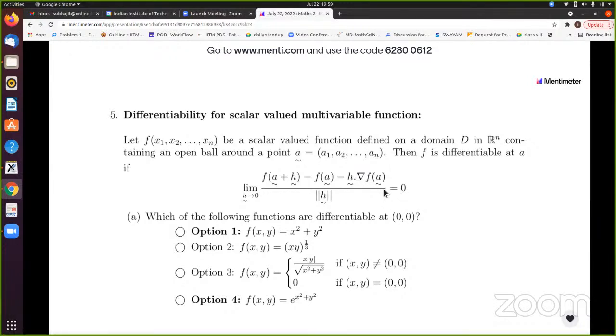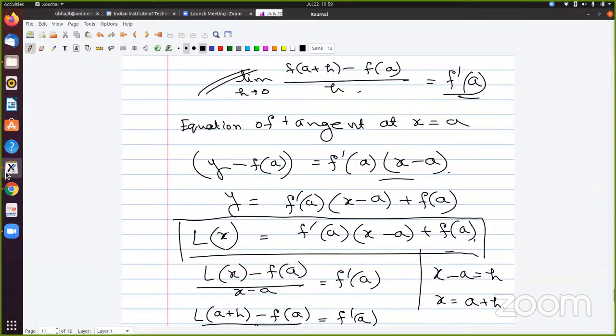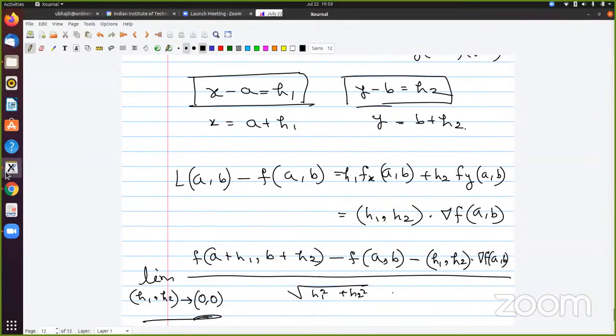If that happens, then we call that f is differentiable at that point. Okay, clear? So can you see the analogy from the single variable to the multivariable? The same thing we are doing, but here we are dealing with more than one coordinate. That's what it is.